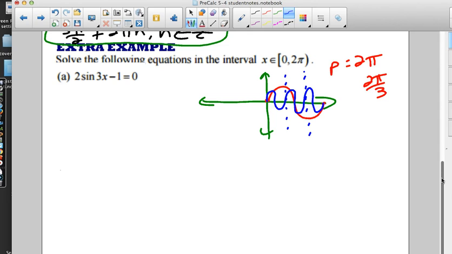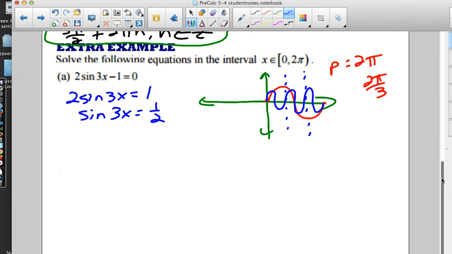So, well, let's just solve it algebraically and say we'd add 1 and divide by 2. Sine is 1/2. I think we did that one earlier too, didn't we? I mean, if opposite is 1, that's a 30-degree angle.